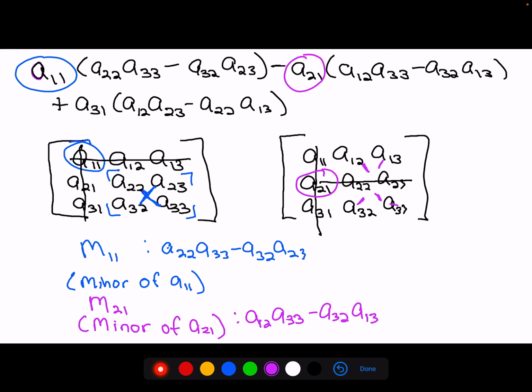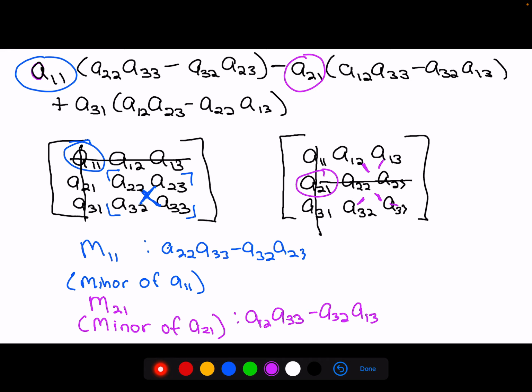Depending on how you factor, you could end up picking any row or any column in your matrix and factoring based on the elements in that row or that column and finding these minors. So I ended up choosing all these elements in the first column. But let's say I wanted to choose all the elements in the third row and do this process of the factoring and everything.